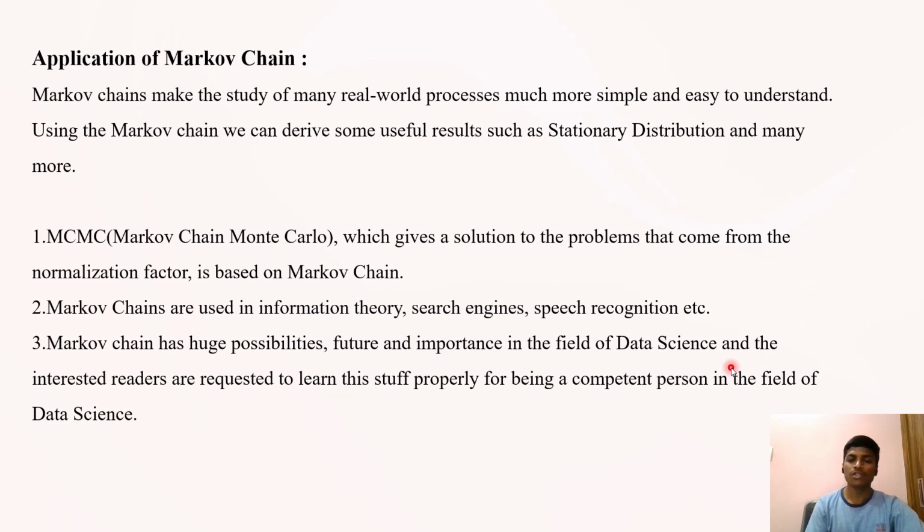Even in search engines and speech recognition. As we are familiar with the Google search engine, these search engines are wholly dependent on the Markov chain. They predict the assumption of the user when we type something, such as Markov chain, and it predicts the next words of the sentence, such as Markov chain in mathematics, Markov chain in computer science.